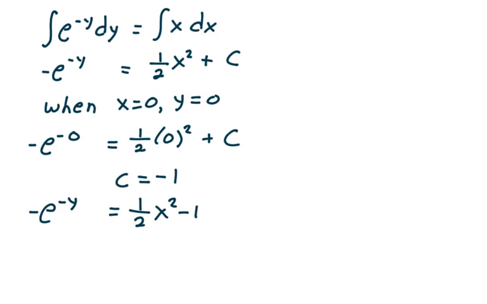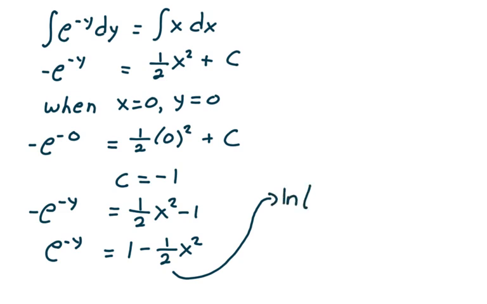We need to be able to solve for y. So I'm going to multiply both sides by negative 1. And when I do that, I get e to the negative y is 1 minus 1/2 x squared. Okay. Now let's take the natural log of both sides.